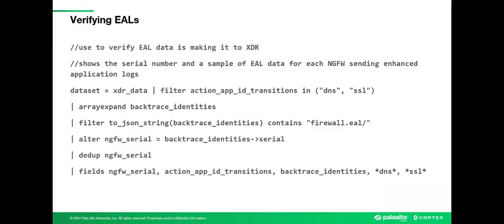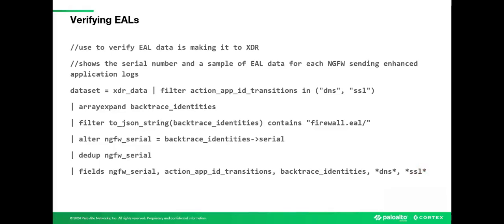We are not interested in specific traffic details. And the fields stage will show you in the output what fields will be presented. So here, the serial number of the firewall, the application ID, the backtrace identity fields, and all the fields that contain DNS or SSL. Okay, so let's test it.